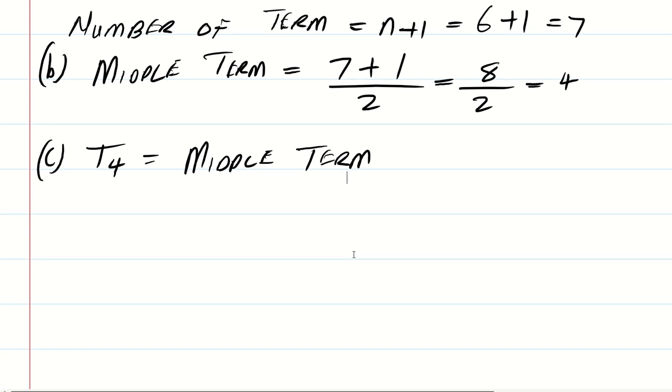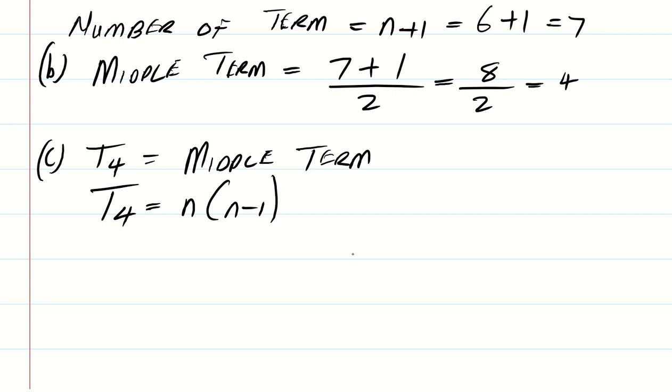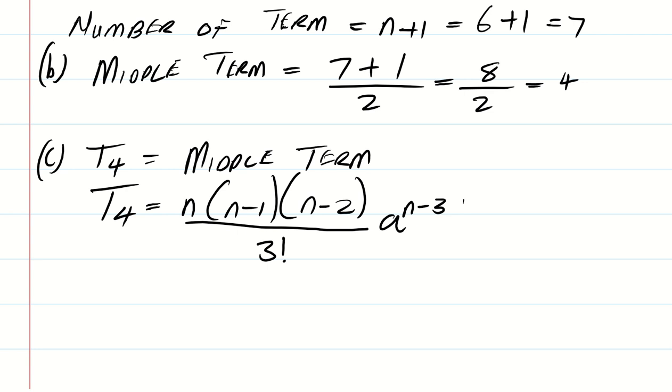Okay. And then to find T4, we'll use our standard formula for the binomial theorem. Term 4 is given by n(n - 1)(n - 2) divided by 3 factorial, and then a to the power n - 3, and then b to the power of 3.